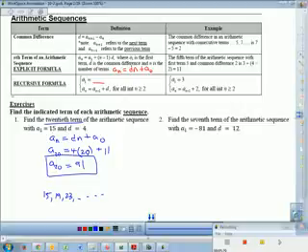Next guy, set it up for me. Start with the generic. Sub in what we know. And what would be the 0th term? If the first term is negative 81 and the common difference is going up by 12, up by 12, how do you go back and find him?